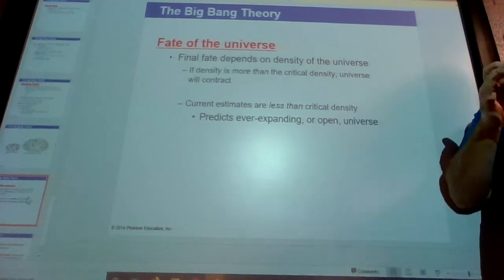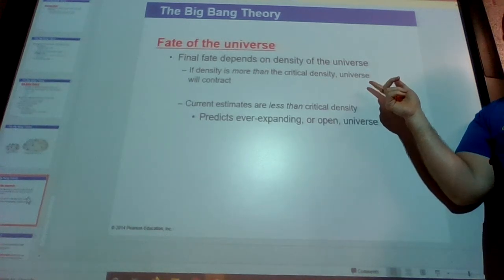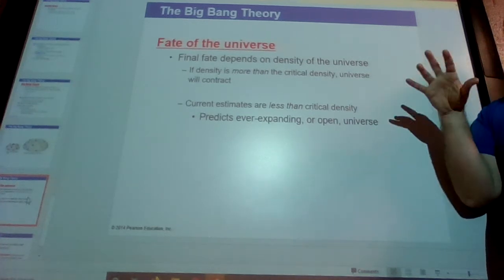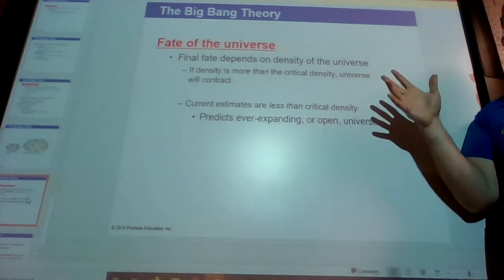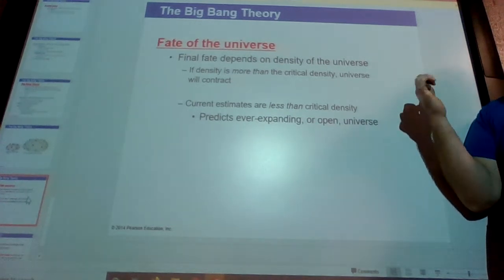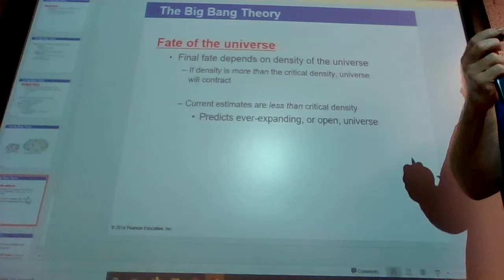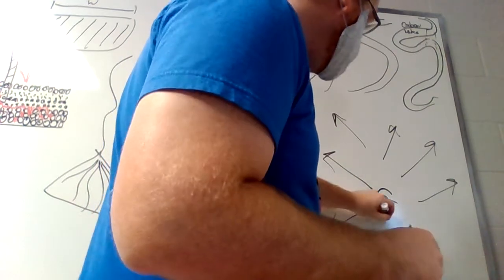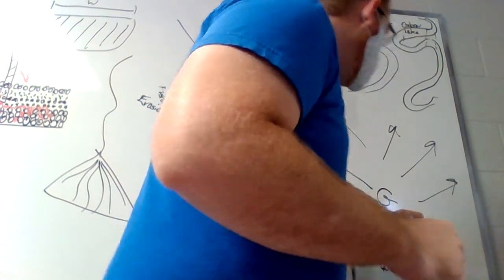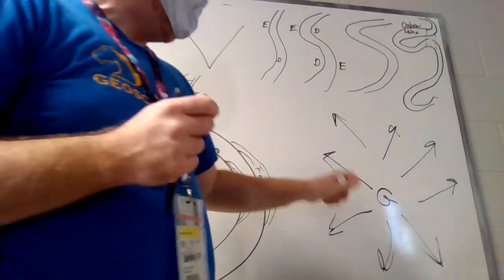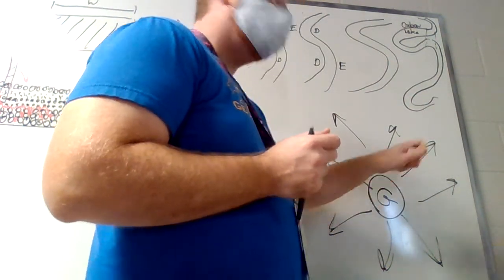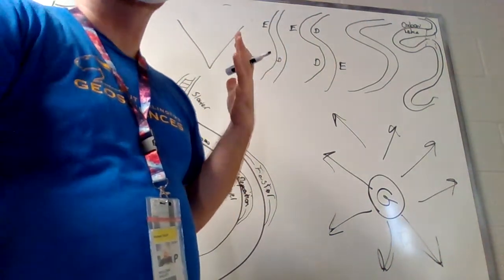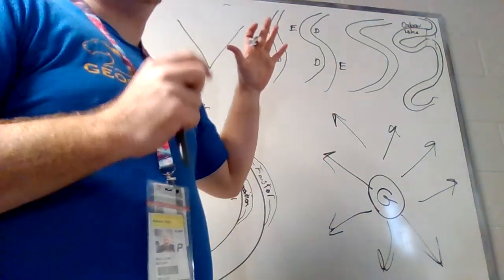The fate of the universe actually depends on how much dark matter there is. Because at this point, if you just calculate the matter that's left in the universe, and obviously our calculations could be a little bit wrong, but I don't think it's really close, there's too much gravity at the center of the universe, that everything is moving away from, and basically everywhere in the universe, for it to just keep expanding forever.